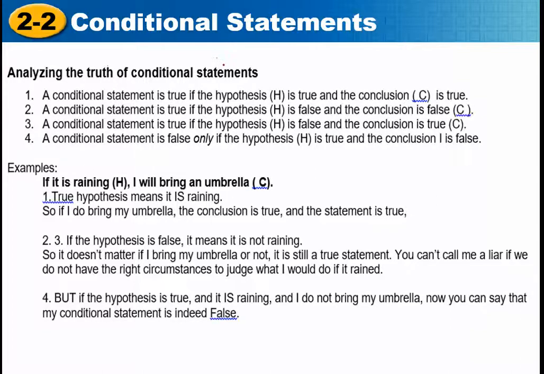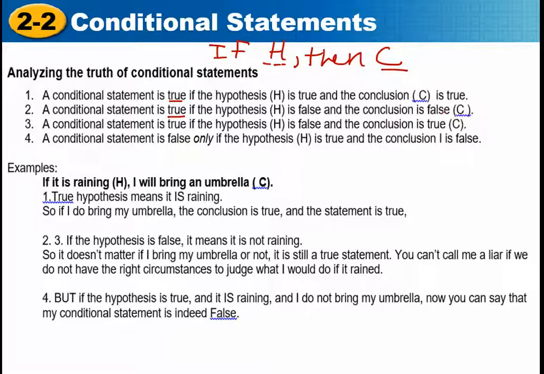Analyzing the truth of conditional statements. There's 4 cases that you could have. Remember, it's if, hypothesis, then conclusion. A conditional statement is true if the hypothesis is true and the conclusion is true. Well, that makes sense. If they're both true, it's true. A conditional statement is true if the hypothesis is false and the conclusion is false.